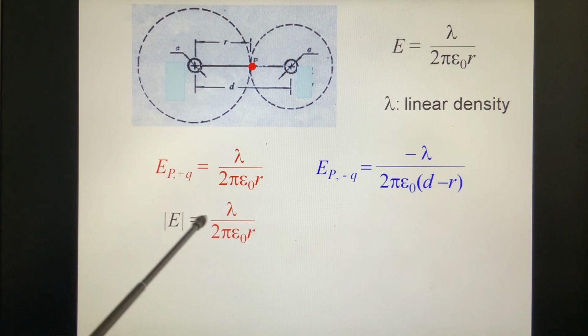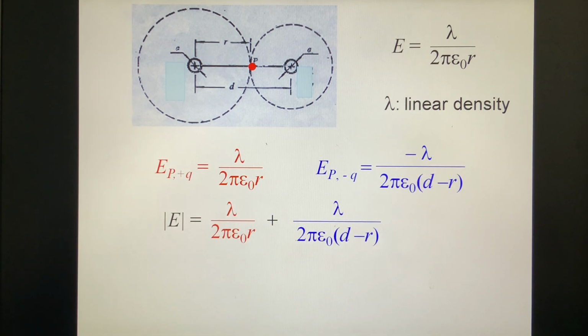So the absolute E is this number plus this number. This is the E.